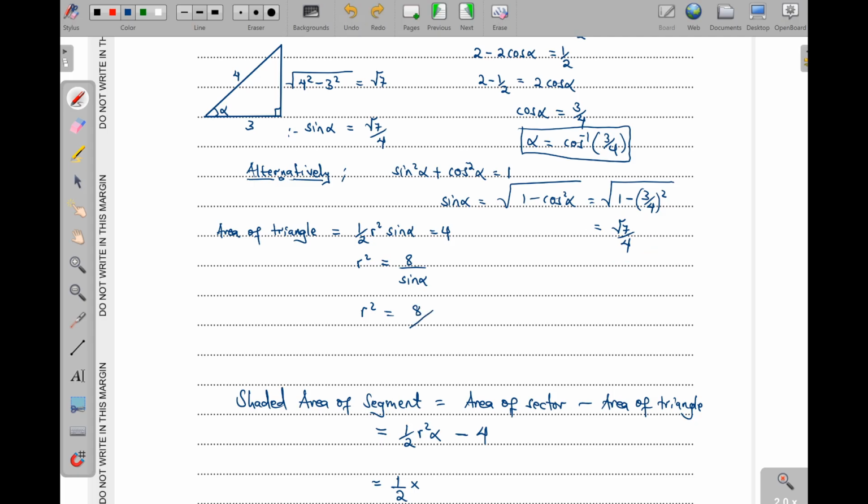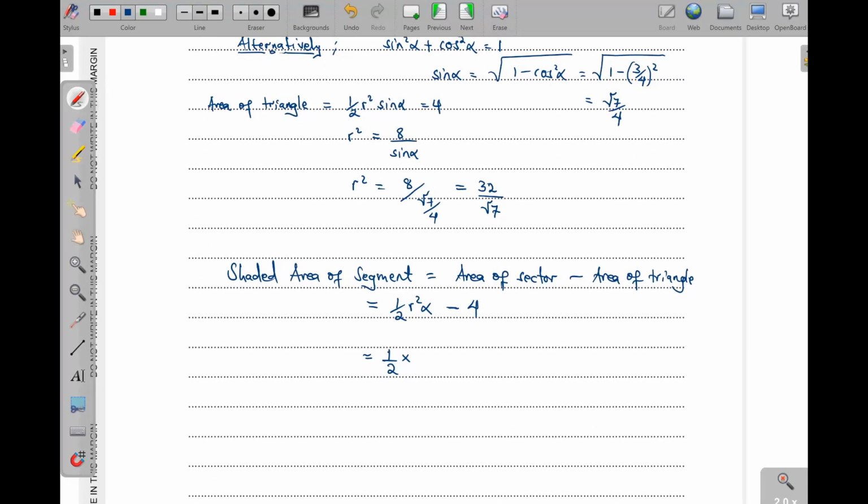We have gotten it as this, root of 7 over 4. So I can write this as, let this one go up. That will be 32. So 32 then over root of what? 7. Then I will come to this one here and I say r squared is 32 out of root of 7, then times alpha.